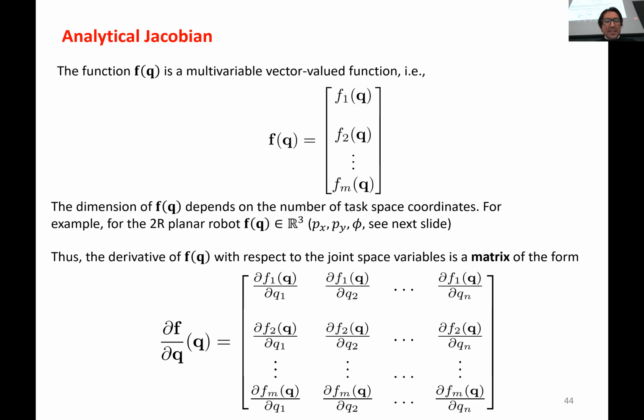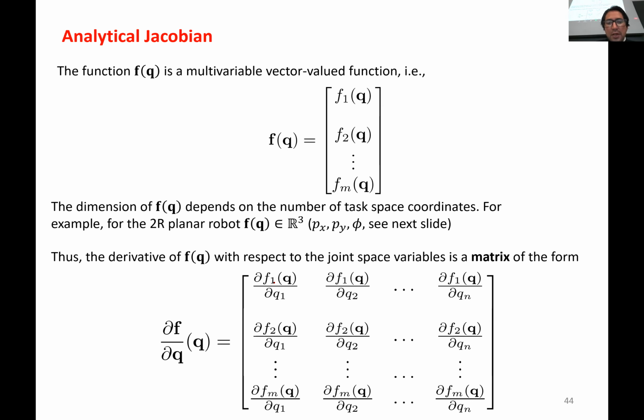If you take the derivative of the direct kinematics expression, f of q, you need to know that you don't get a vector, you get a matrix, because you need to take the partial derivative of each of the rows of the vector with respect to each of the joint space variables.